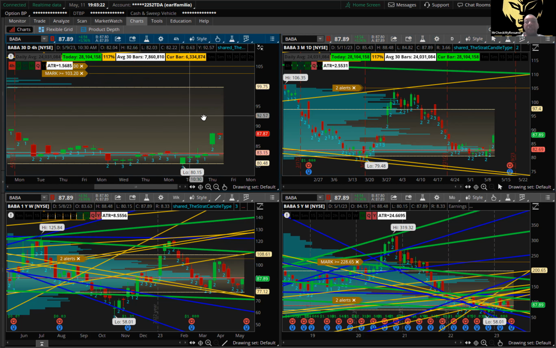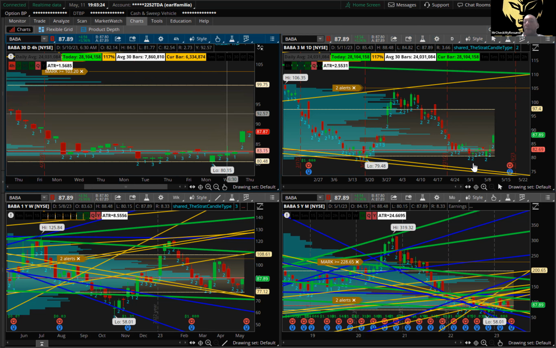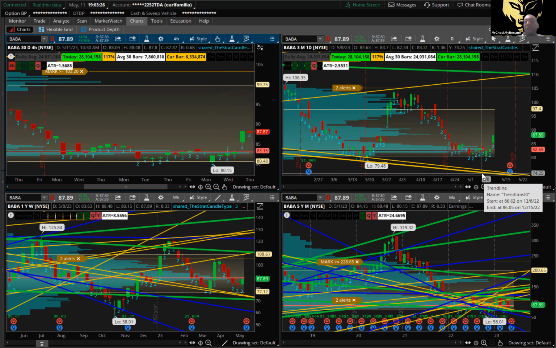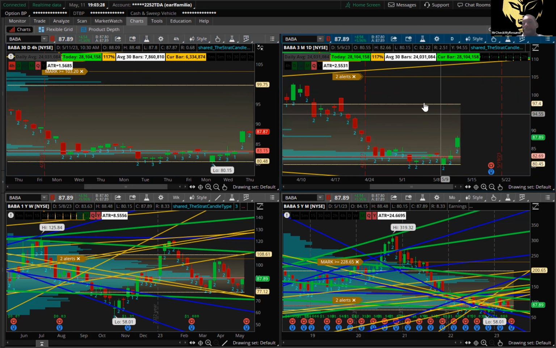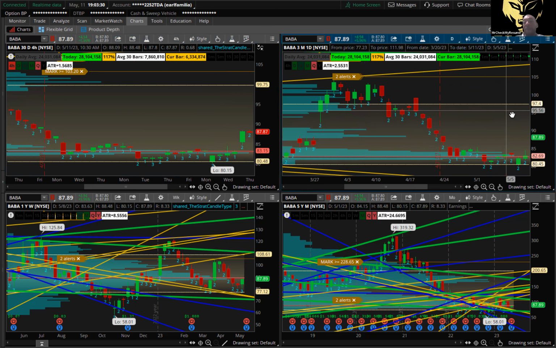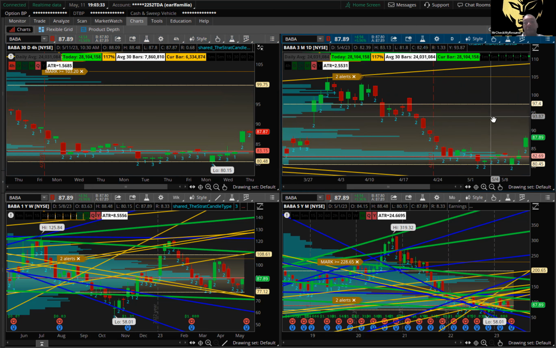But I'm gonna take a look at Baba real quick. You got Baba with the outside week. It's at the bottom of this range here, so there is a potential for this thing to move back up and make its way through the other side of that range. So I do like where it's sitting.